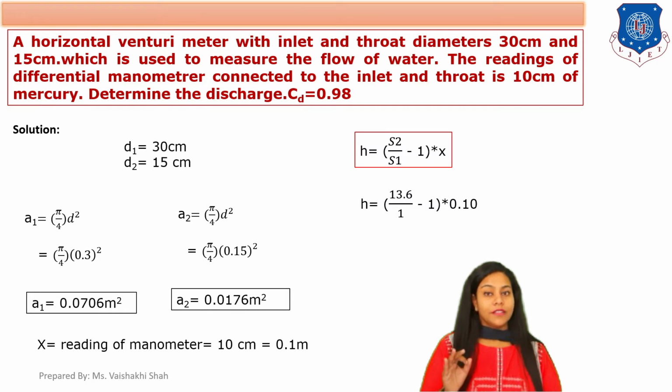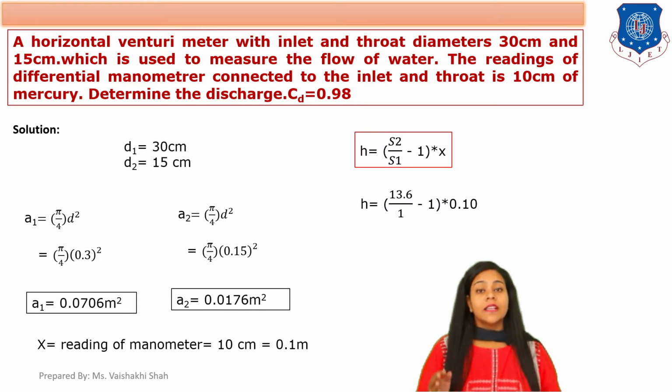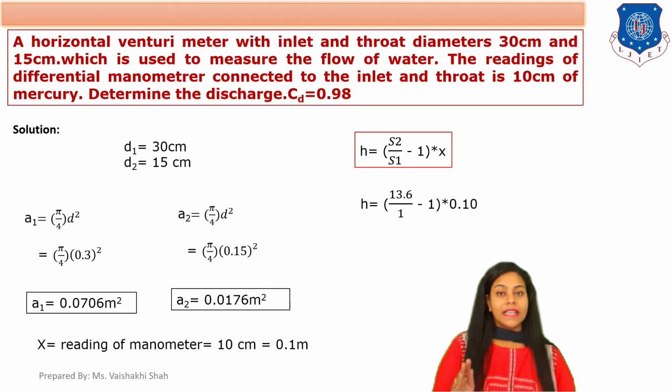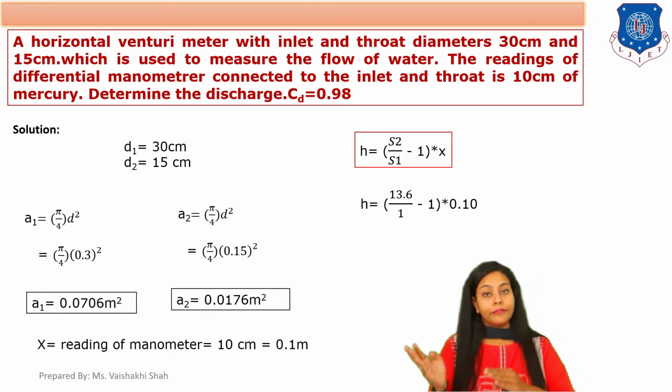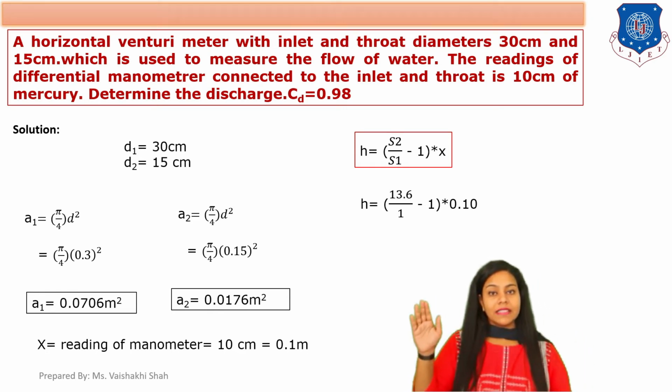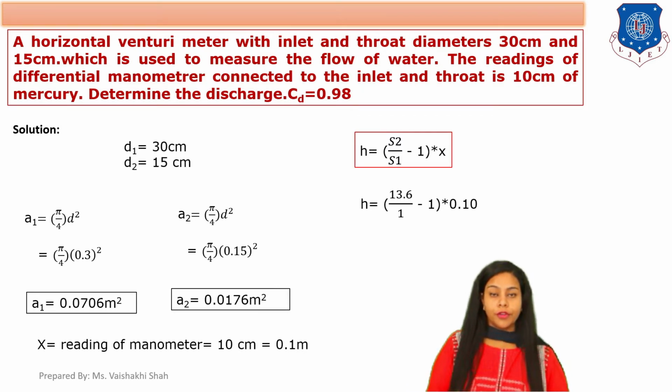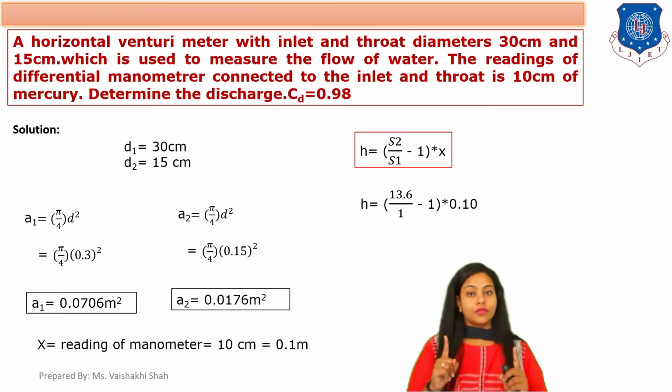Now what is S2, what is S1? Remember, S2 is the specific gravity of mercury, and always you have to take S2 as 13.6. Now S1 is the specific gravity of flowing fluid. In this case, water is flowing or water is given to you. So here S1 equals 1.